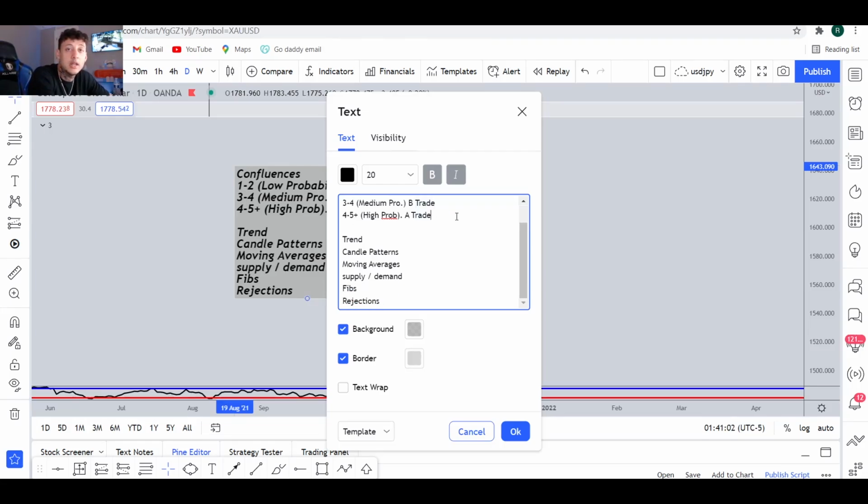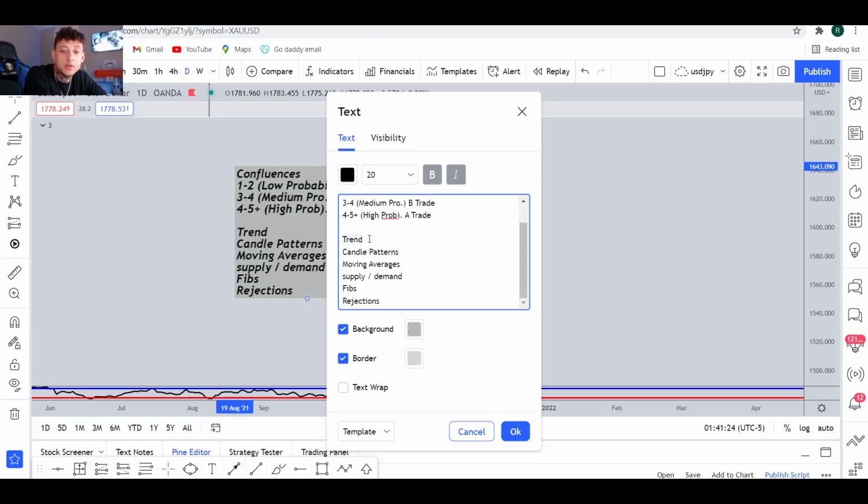We're simply letting ourselves know in our journal that we had 4 or 5 plus confluences on this trade, so the journaling process is a little bit easier for us, right? So remember, a high probability trade, 4 to 5 plus confluences, means that it is an A trade. 3 to 4 confluences means it is a B trade, right?